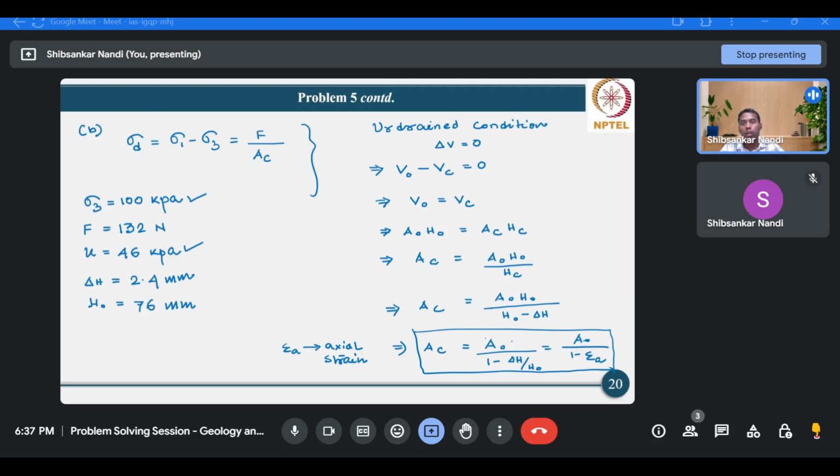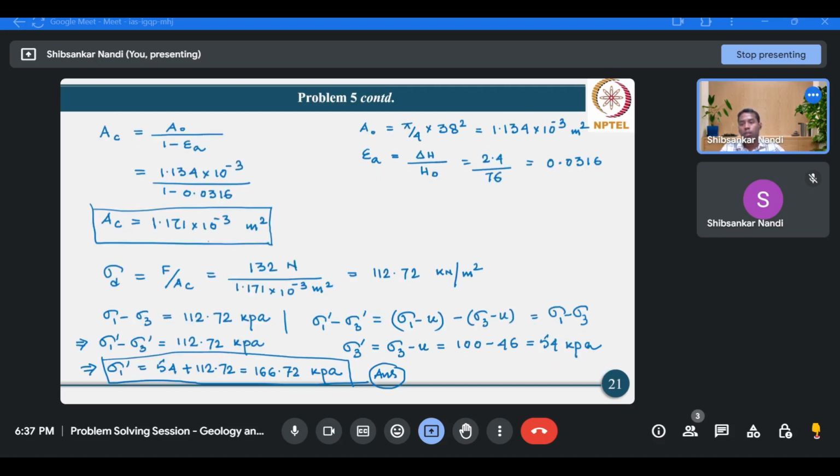So you know the force applied to the piston, you know the corrected area. So if you divide the piston force by the corrected area, you will have the deviatoric stress. Now this deviatoric stress would be the same in terms of total and in terms of effective stresses.